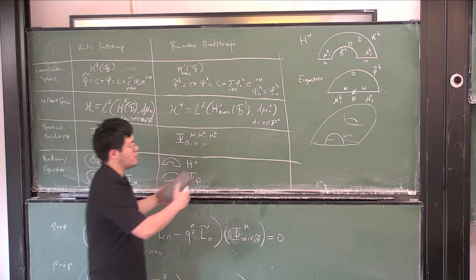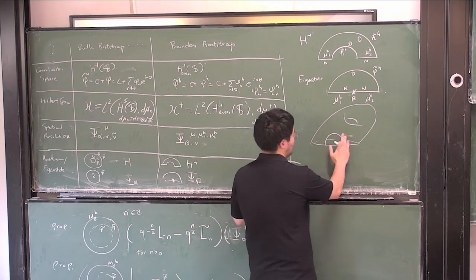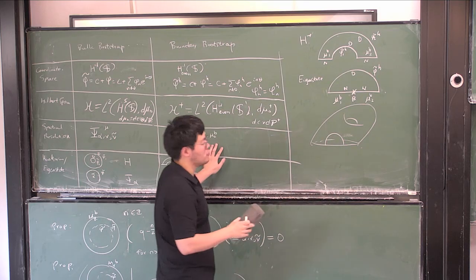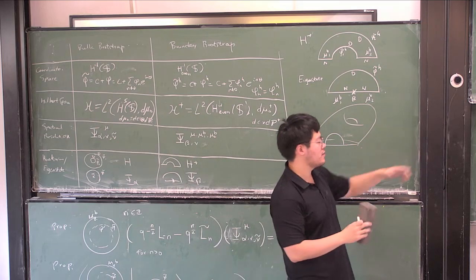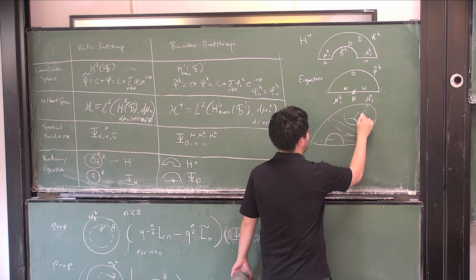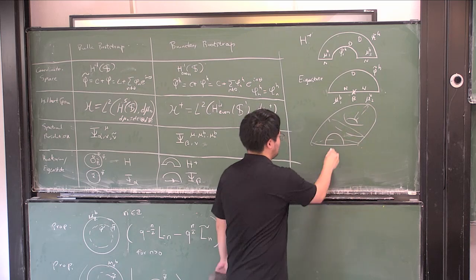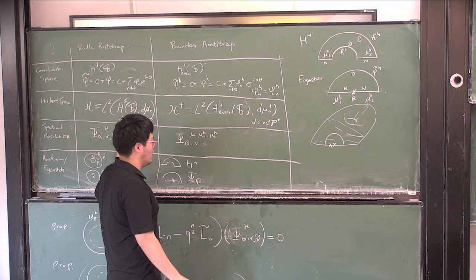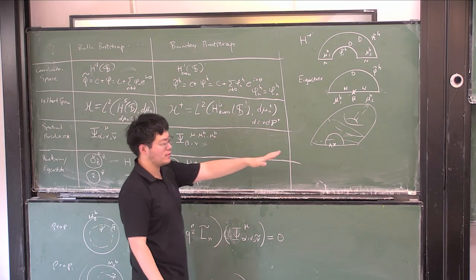I just said, in the general picture, you have some cutting. Once you cut an arc, you use this kind of spectrum resolution and do this kind of Ward identity. And if you cut some circle, maybe there are some insertions here, and you use this kind of bootstrap and compute the Ward coefficients.